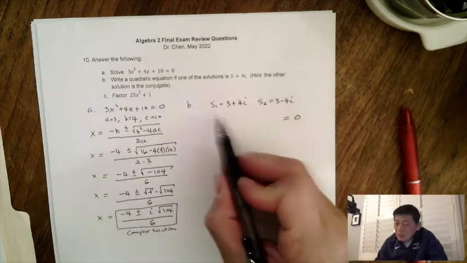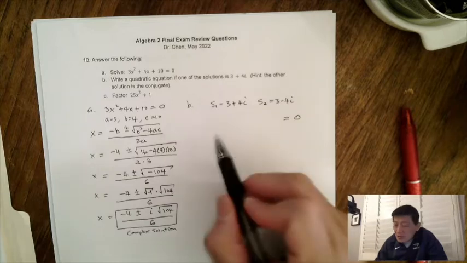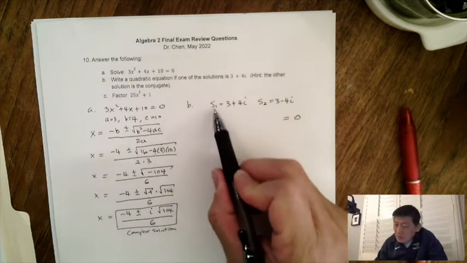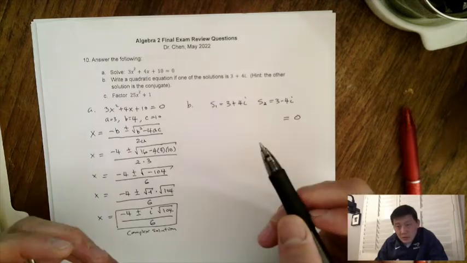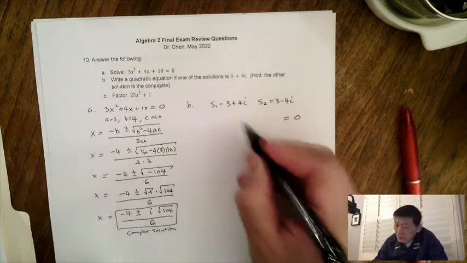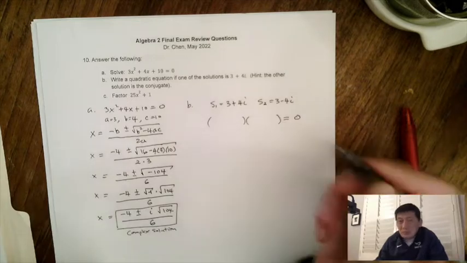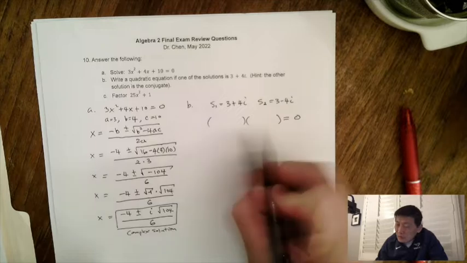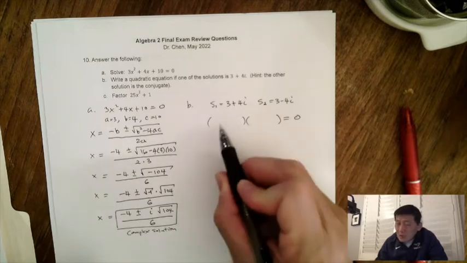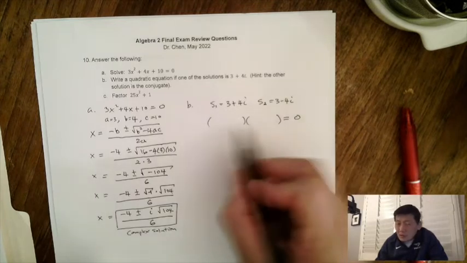Now, if you have a quadratic equation that ends up having solution 1 and solution 2, usually it's in a factored form. So usually we want to factor the quadratic equation and set it equal to 0, so we can solve for each one of them, right?